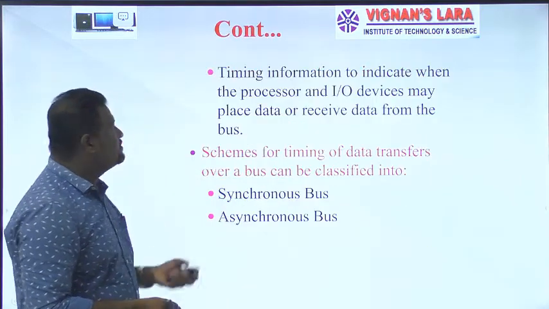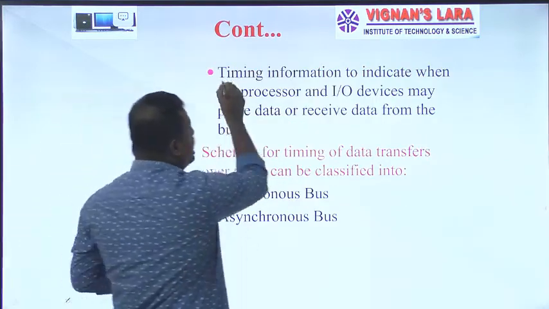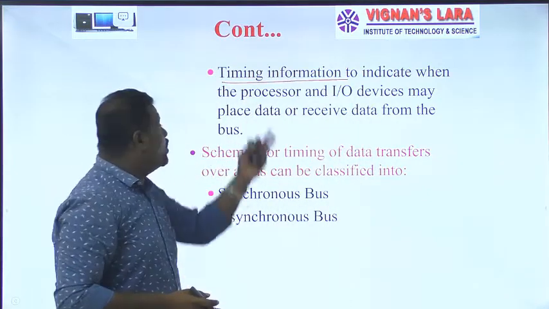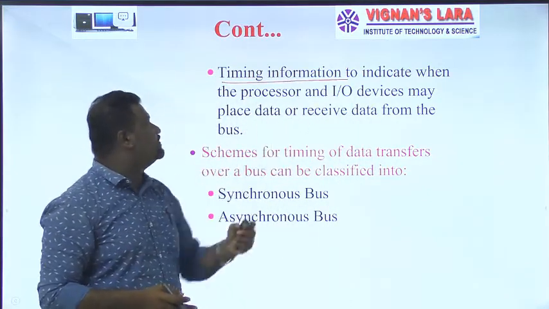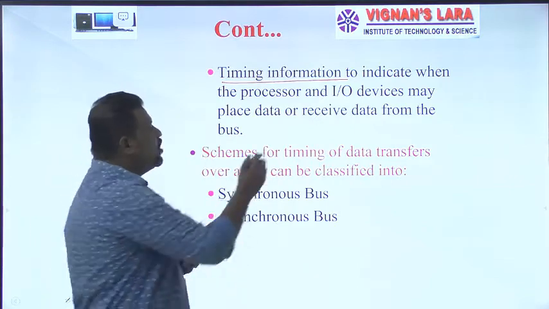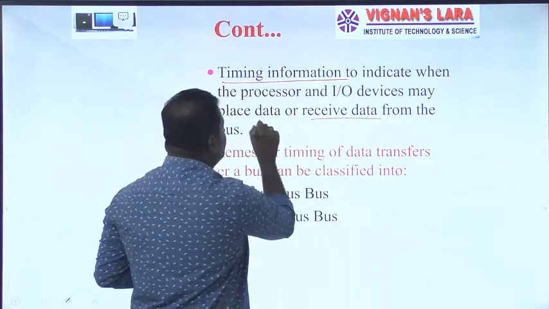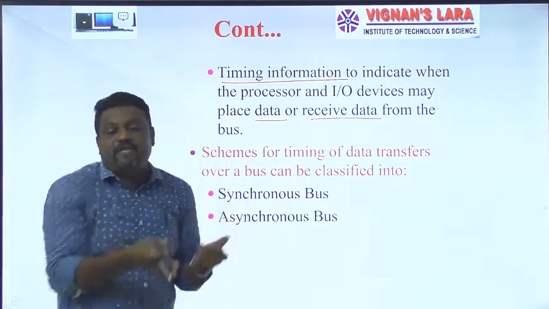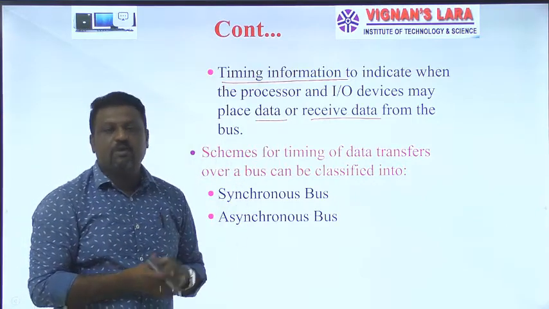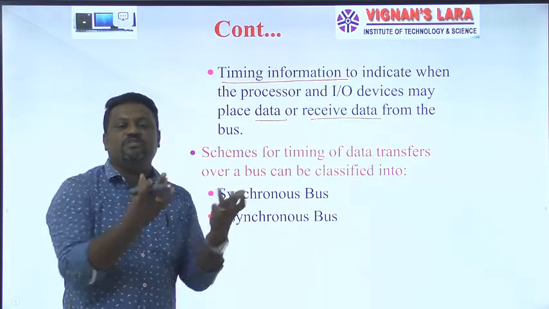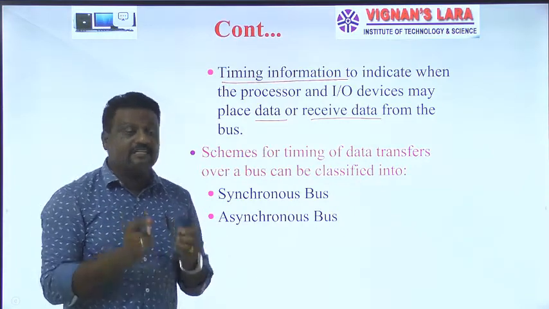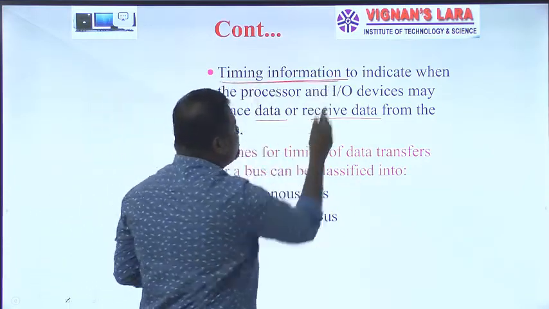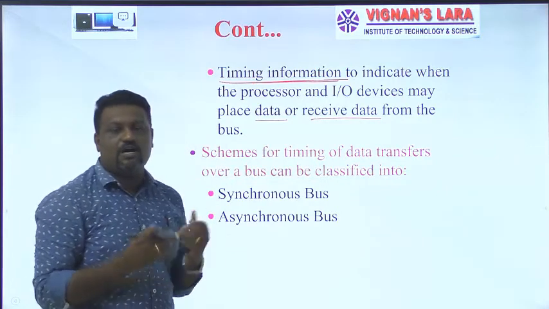It also specifies the timing information to indicate when the processor and I/O devices may place data on or receive data from the bus. At what time instant the data can be placed over the bus, and at what time instant we receive the information from the bus, that timing information is also provided by the control signals or control bus.